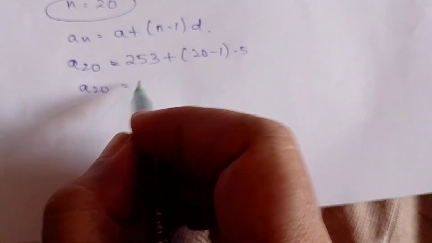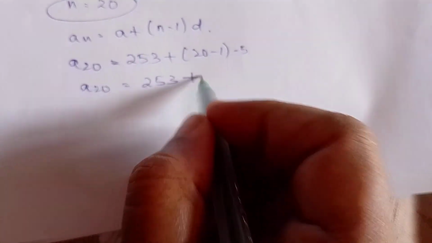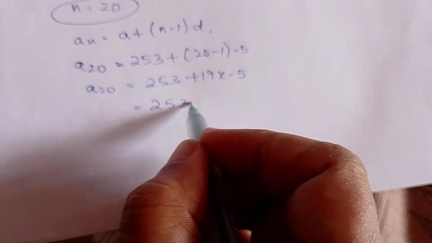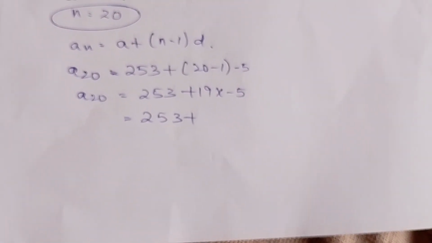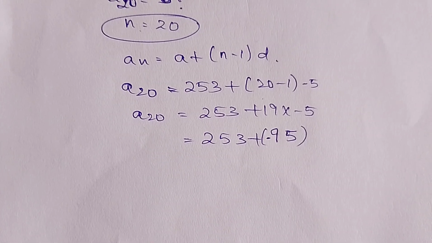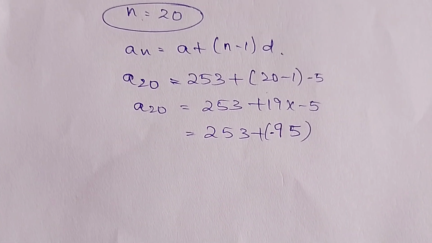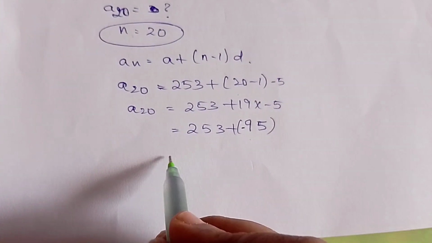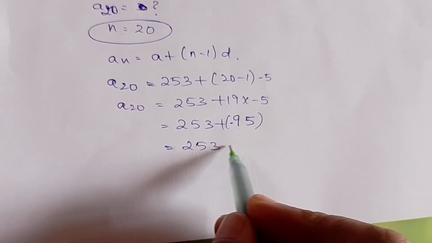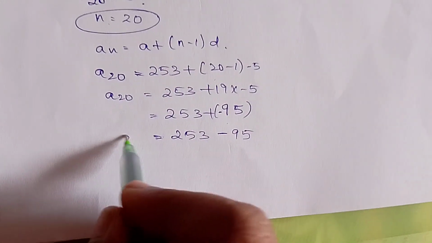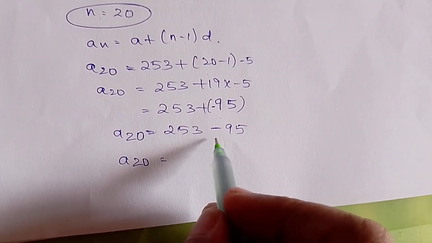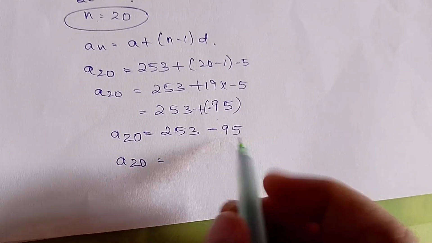So A20 is equal to 253 plus 19 into minus 5. 19 5s are 95, and because it is minus, I have written it in a bracket. Now we know plus into minus is minus. So 253 minus 95. We have to subtract this in order to find the 20th term.